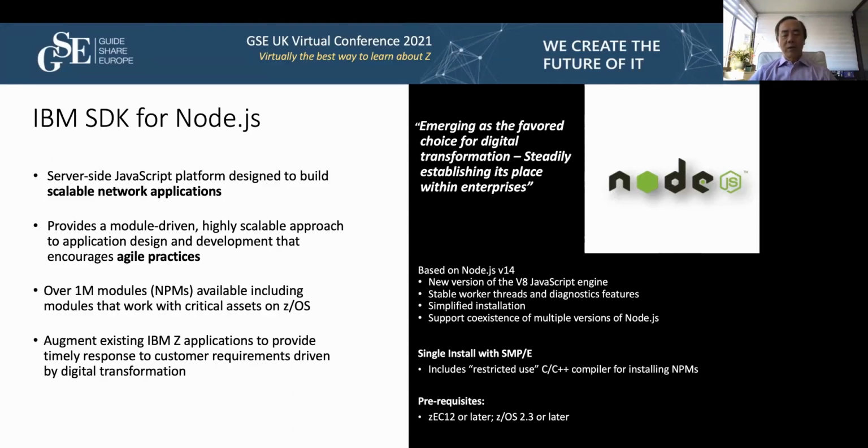So we package the C/C++ compiler that built Node.js and make it available for you to install NPMs. Remember, this is a restricted use compiler, so you shouldn't be using it for general C/C++ application development. For that, you should be enabling the feature in the operating system. This product runs on zEC12 and later, and z/OS 2.3 and later.